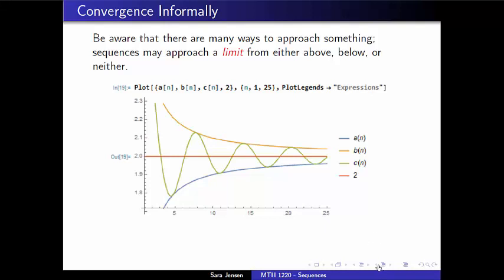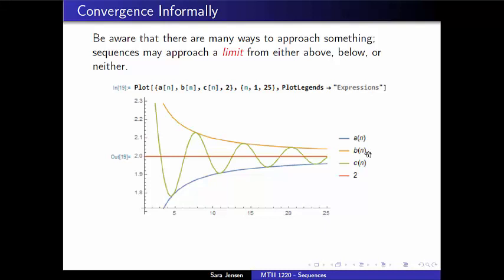The sequence A of n, the blue sequence, is approaching 2. You can see that as the index of our sequence is increasing, as we go further and further into that list, the values in the sequence are getting closer and closer to the limit, but they're always below the limit. So that's what our sequence A of n is doing.